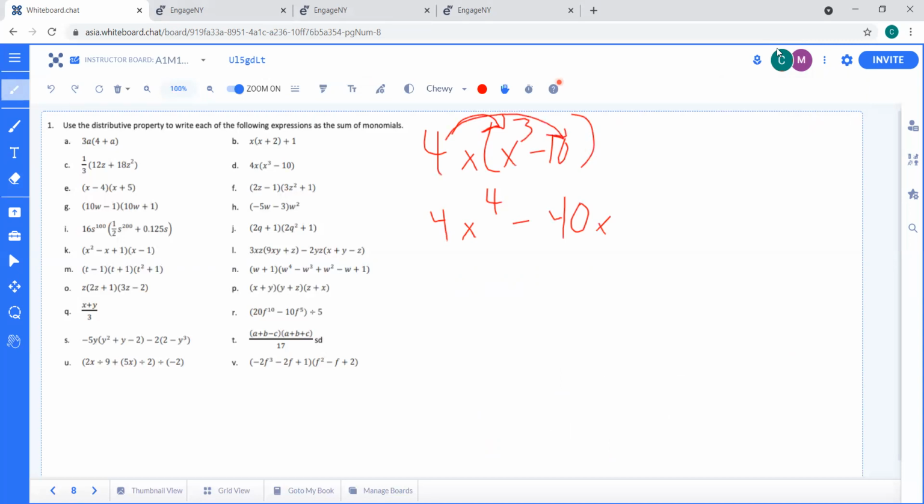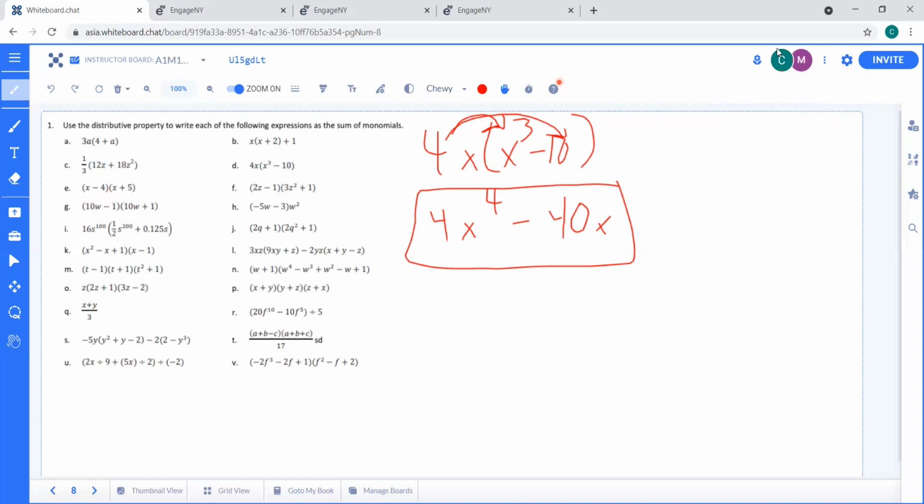You got to do it all over here. Now, I'm going to look and see how they want you to leave that. Yeah, that's fine. Just leave it like that. That's okay, because it wants it to be the sum of monomials. Yeah. So there's 2 monomials here. That's what we want.